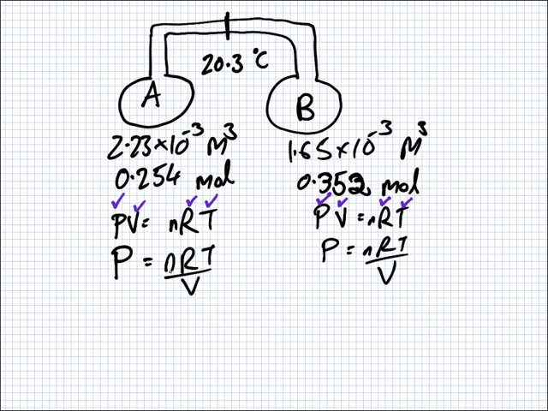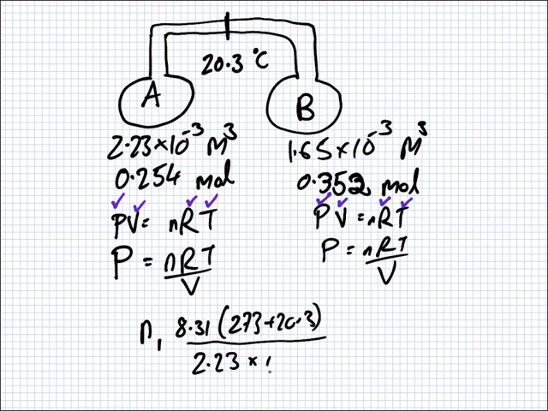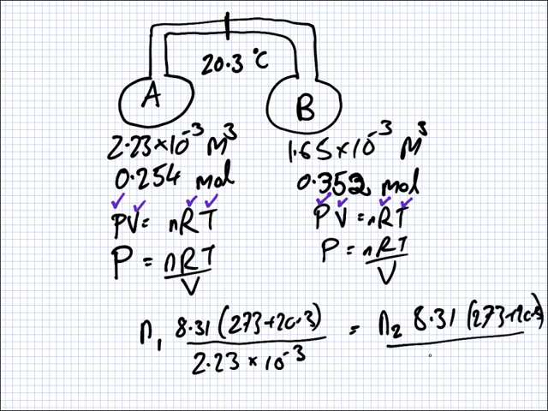But the problem is I don't know how many moles are in A and I don't know how many are in B. So I'll say N1 times 8.31 times (273 plus 20.3) over 2.23 times 10 to the minus 3. That should equal N2 times 8.31 times (273 plus 20.3) over 1.65 times 10 to the minus 3.